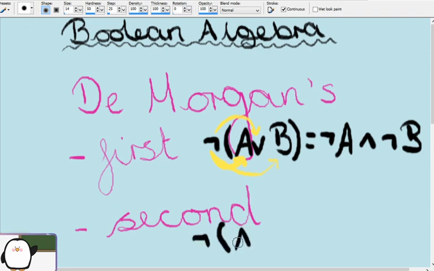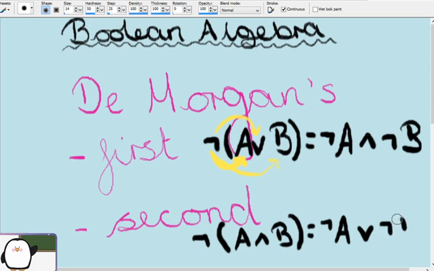So not (A and B) makes not A or not B, because the not affects the A, the not affects the and, and the not affects the B. It's almost like multiplying it out with a negative sign if you were doing maths, but we're doing computing instead.